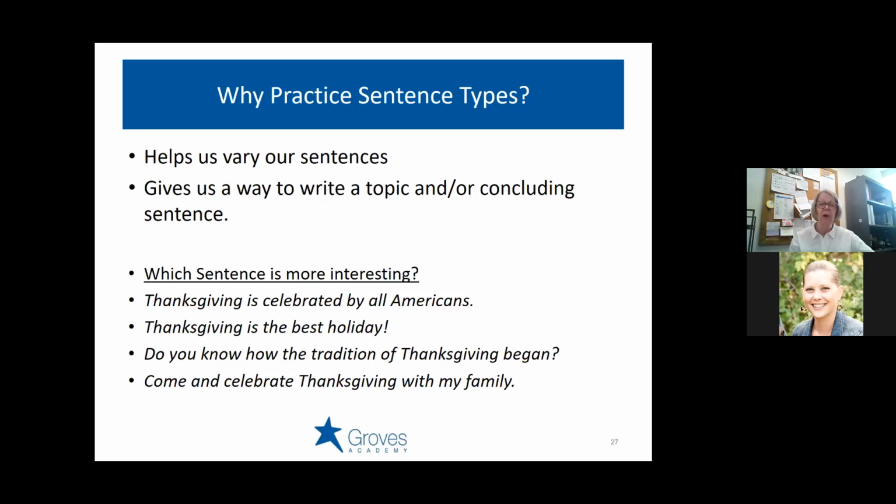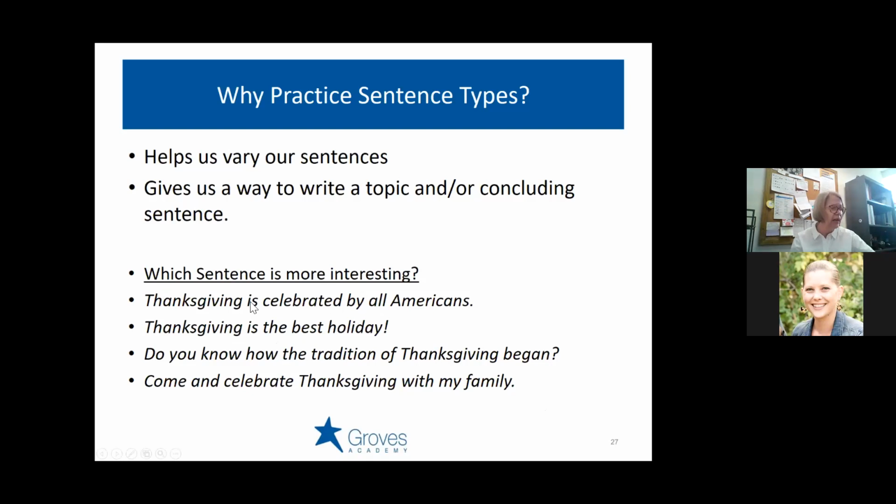And the audience is not going to learn as much as they could if you are able to write something a little more interesting. This is also helpful because we're going to be teaching paragraph structure. And when you write a topic sentence, you probably want to make it somewhat interesting to draw in your reader, your audience. So if you look at the four sentences below, each one is a different sentence type.